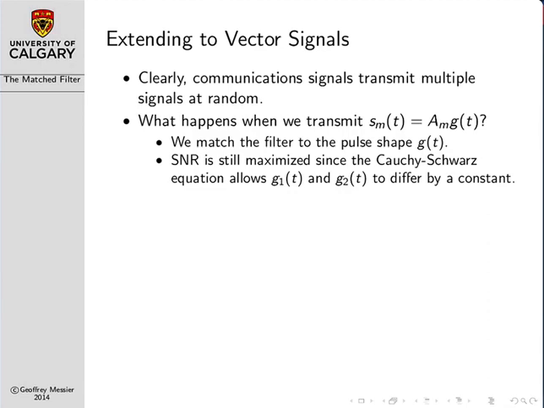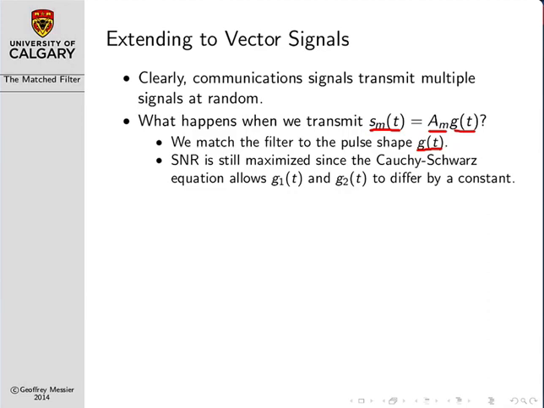So clearly communication systems transmit multiple signals at random. And so what happens, for example, when we have PAM, where we have a bunch of different signals that have different amplitudes, but a common pulse shape? Basically, what we do here is we match the filter to the pulse shape g of t.